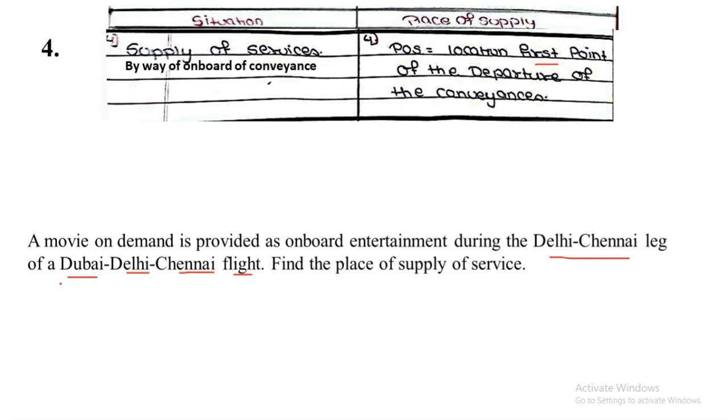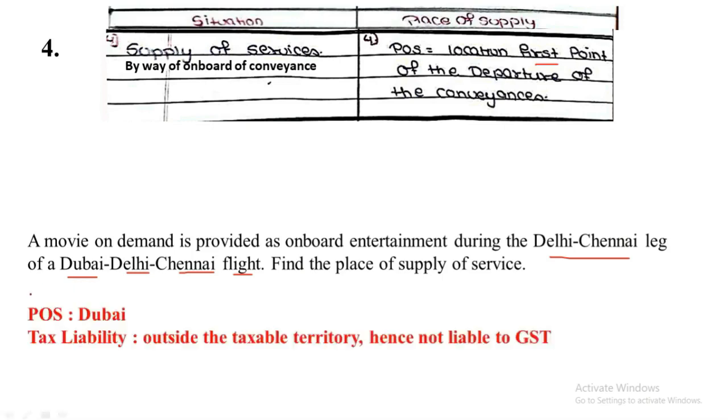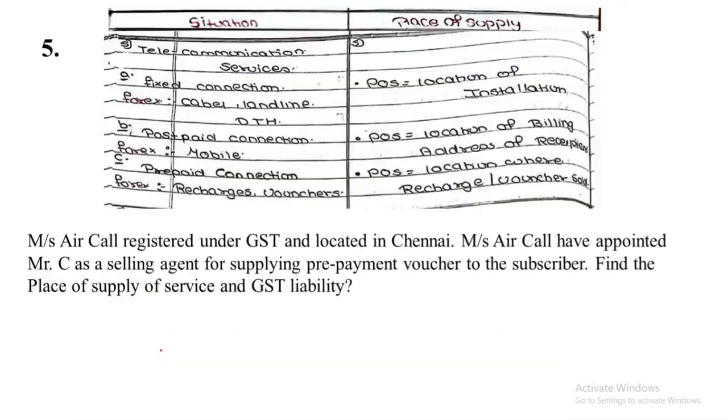So in our case, Dubai is the very first point of departure. Though you have used a service from Delhi to Chennai, the first conveyance point is Dubai. So here our place of supply will be Dubai. Since it is outside the taxable territory, there will be no liability on GST, but the place of supply will be Dubai. Okay, that was situation number 4.